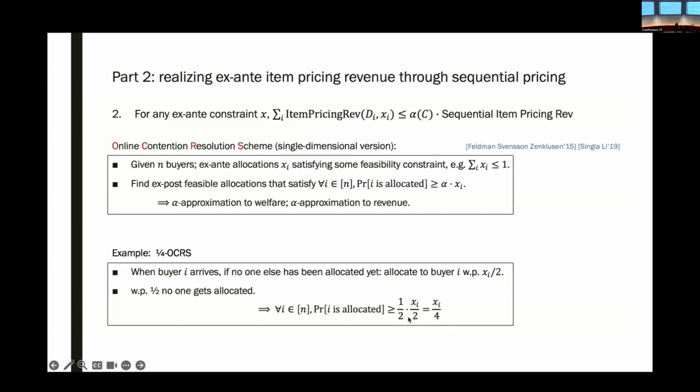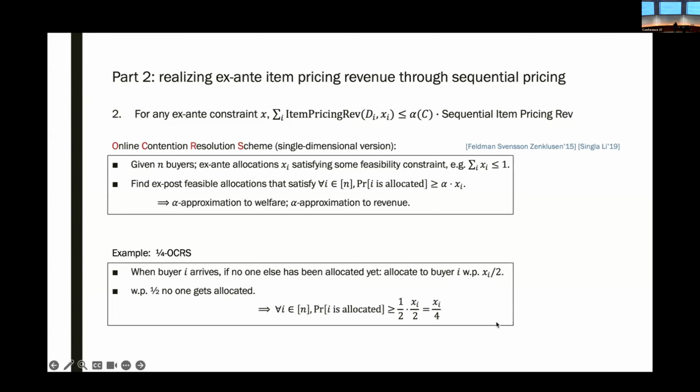Okay. And from the viewpoint of social welfare, this is already going to give a 4-approximation because we're going to sell to the xi/4 highest quantiles of this buyer. But in fact, in single parameter settings, this also gives an approximation to revenue, because you're going to get a revenue at least a quarter of the revenue a mechanism selling with probability xi would get.